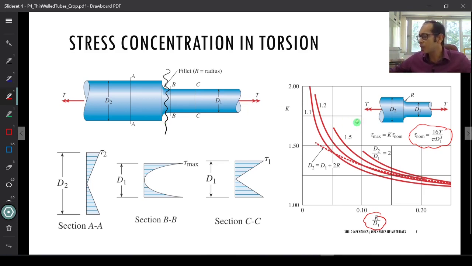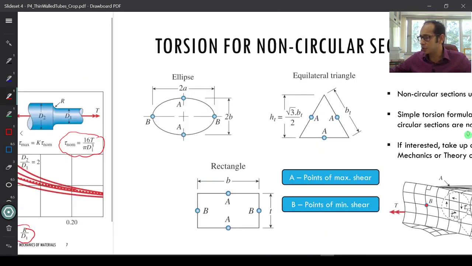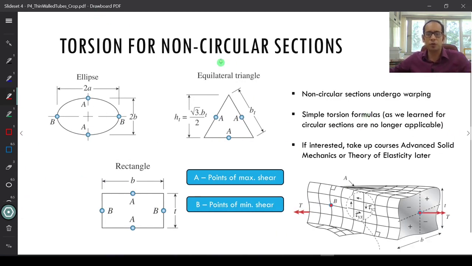Now what I encourage you to read as a future topic is non-circular sections. The basic textbooks which we refer to cover a fair amount of these topics. But if you are interested, please take up some advanced courses in the future, like theory of elasticity or advanced solid mechanics, where you will discuss some of these problems and see how the shear stresses change.